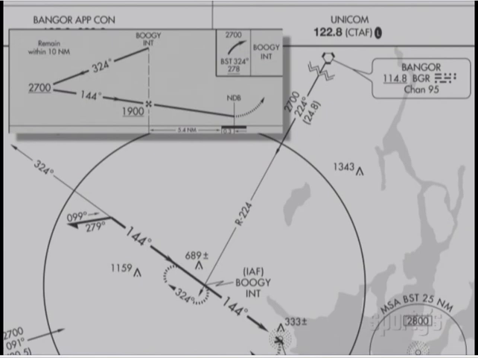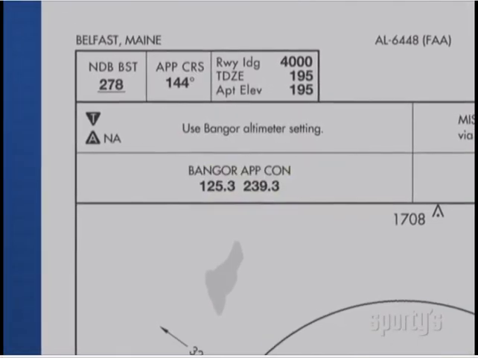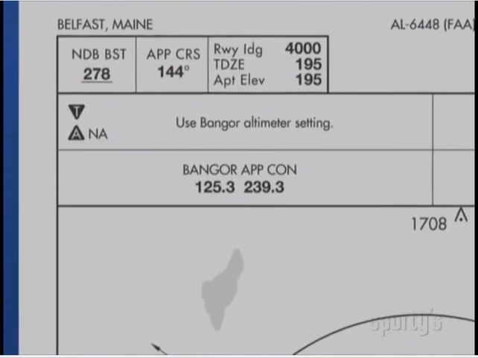This one is a little unusual because it has a step-down fix based on a radial off the Bangor VORTAC. The Boogie intersection could also be identified using an approach-approved GPS. Bangor Approach Control is in charge of the airspace, and they might well vector the aircraft to the final approach course.